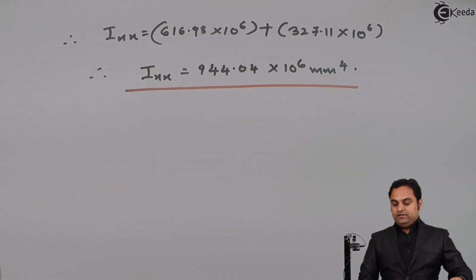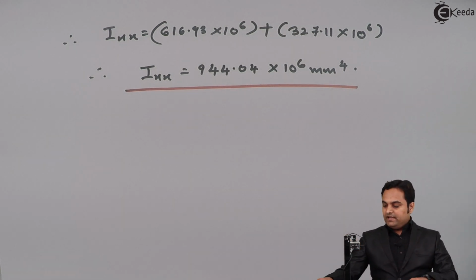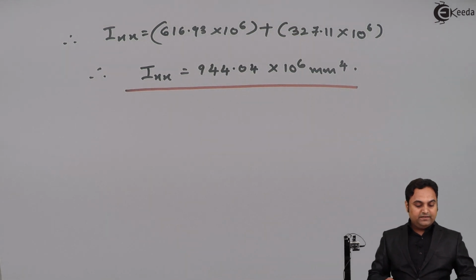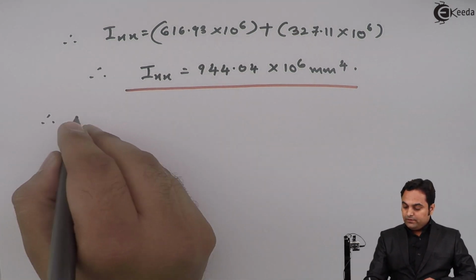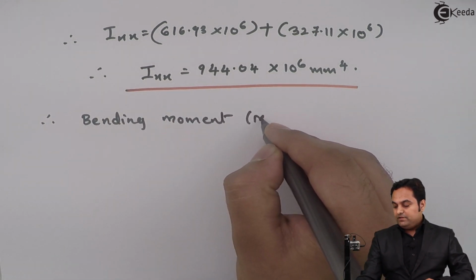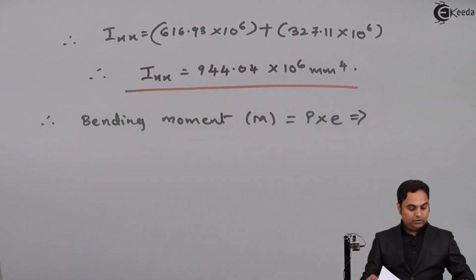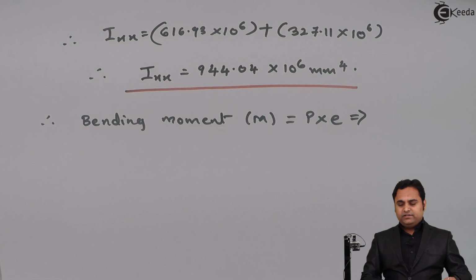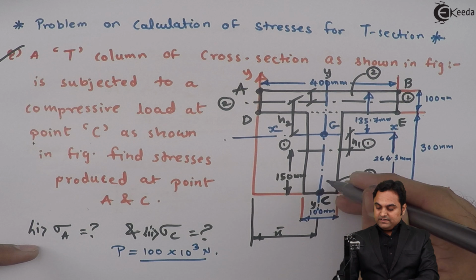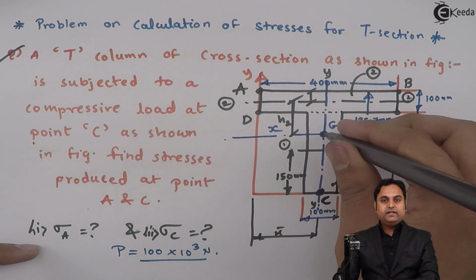Now after getting the Ixx value, the next step would be to calculate the bending stress, and for that we require the bending moment also. So first, therefore, the bending moment M is given by load into eccentricity. In the problem, it is given that the load is at point C, so it is at a distance of 264.3 mm from the centroid, which we take as the reference.